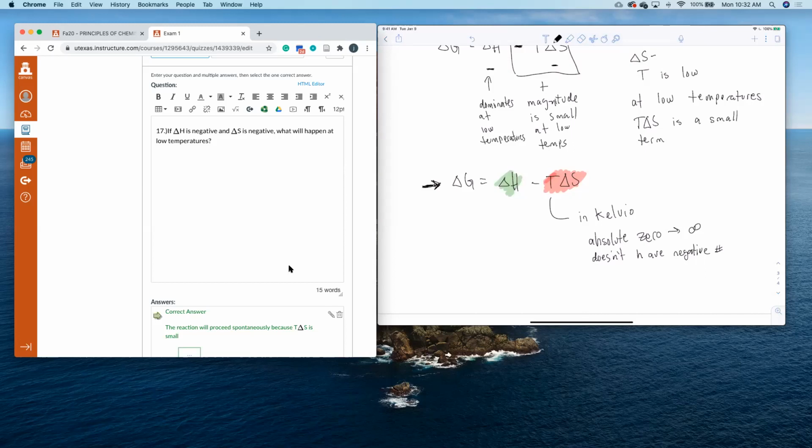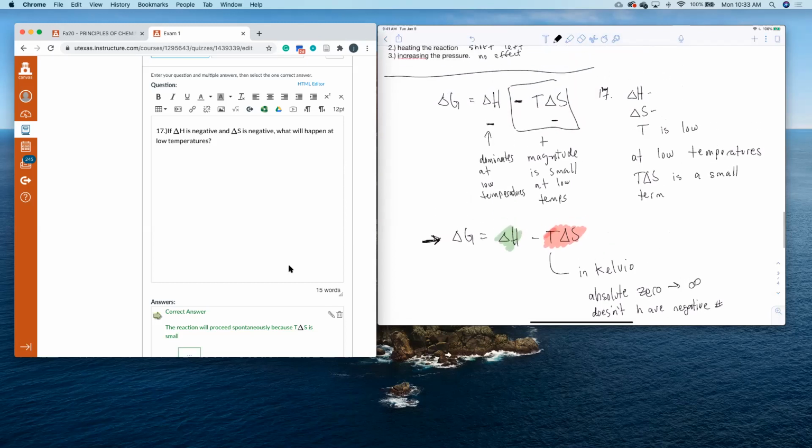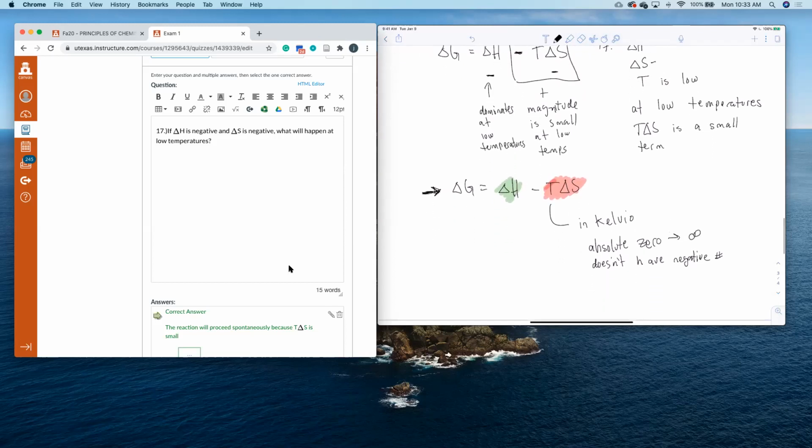And this is because it gets at the idea that you can say spontaneous at all temperatures or non-spontaneous at all temperatures. So if delta S is negative, then the entropy term never becomes a contribution to making the free energy negative. It's not a perfectly worded question, but I think it's okay the way it stands.